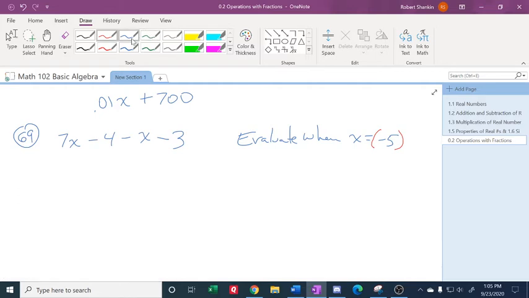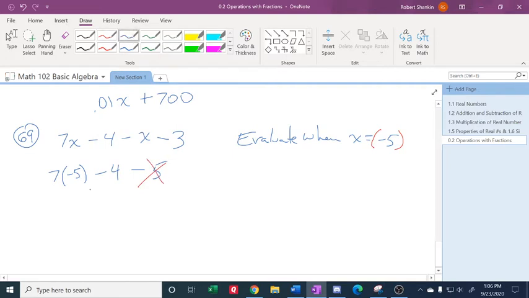So that's what makes this go smoothly, because if I just put negative 5 in there, it's going to make it look like subtract 5. But if I put the parenthesis in there, it's more clear that it's multiplication. And if I just put it like this, that would be a really big mistake.